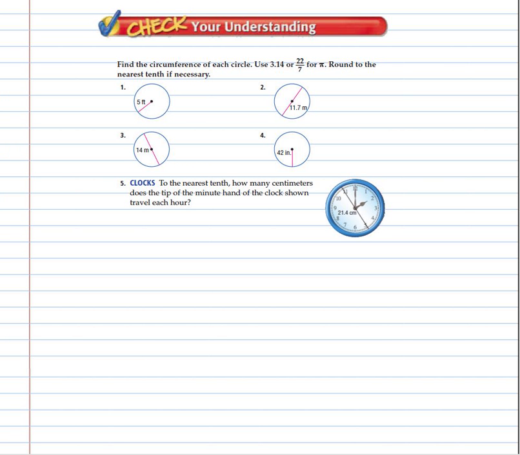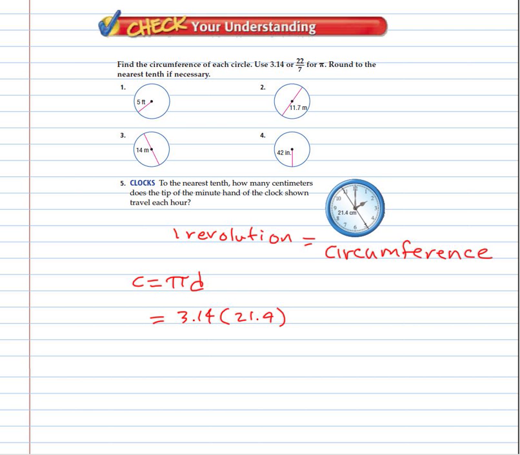My last problem. To the nearest tenth, how many centimeters does the tip of the minute hand of the clock shown travel each hour? Well, in an hour, the minute hand makes 1 revolution, which in this case would be equal to the circumference of the circle. Because they give me a diameter, I'm going to use circumference equals pi d. 21.4 is not divisible by 7, so I'm going to use 3.14 times 21.4.